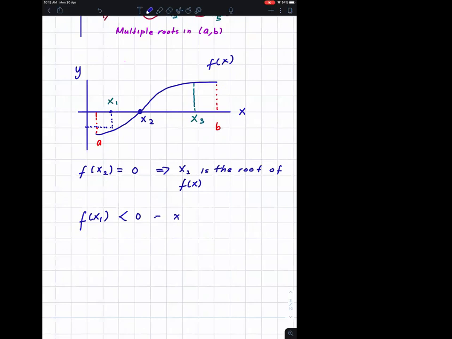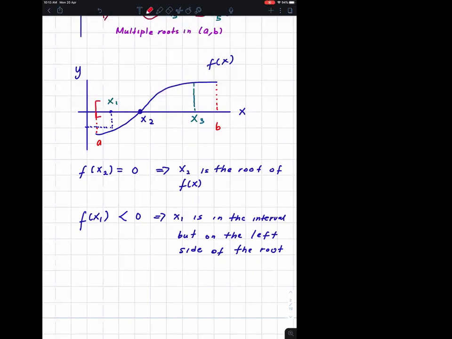assuming x1 is in the interval, is on the left side of the root. It's within the interval.